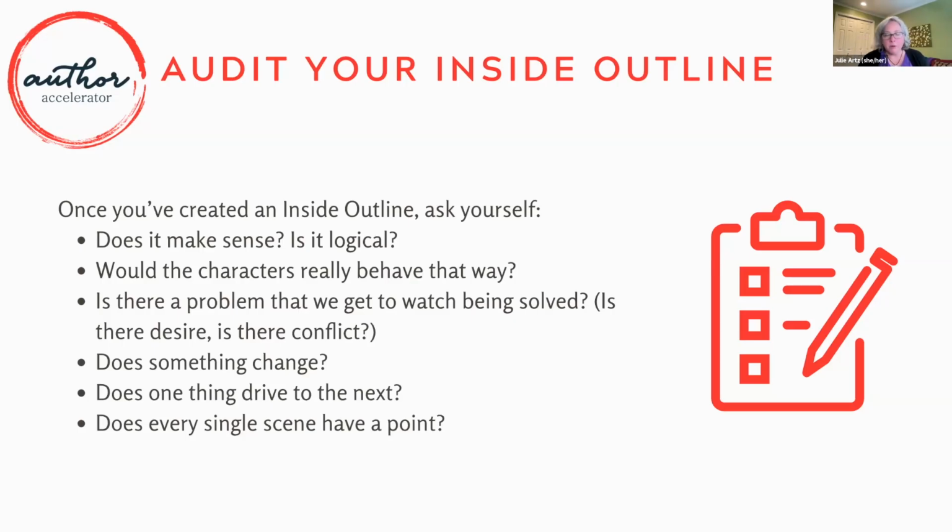Like, how many romances start with the main character saying, "I don't believe in love. I'm not interested. I'm gonna be single forever." And then the course of the story is their change of heart, not just about the particular love interest, but about the idea of love in general, right?